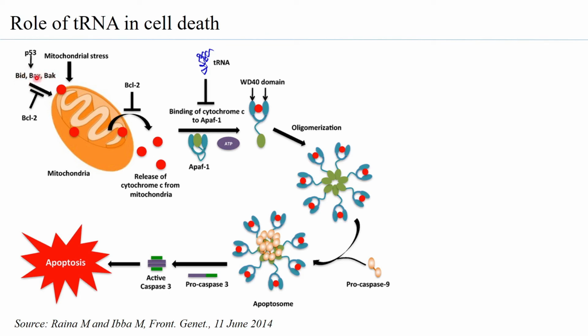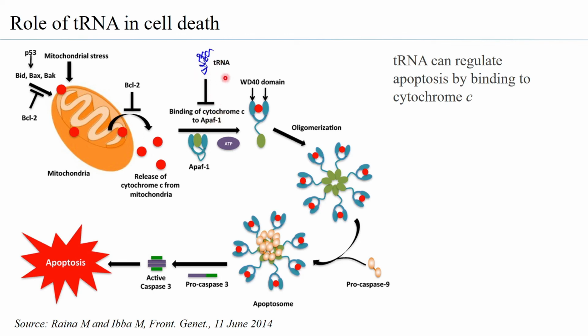These will actually create mitochondrial stress, and the mitochondria will release the cytochrome C into the cytosol. The cytochrome C, which is now present in the cytosol, can interact with APAF1 to form what is called apoptosomes. Now, this binding of the cytochrome C to APAF1 is what is regulated by tRNA.